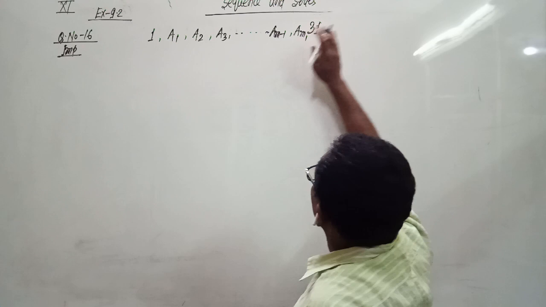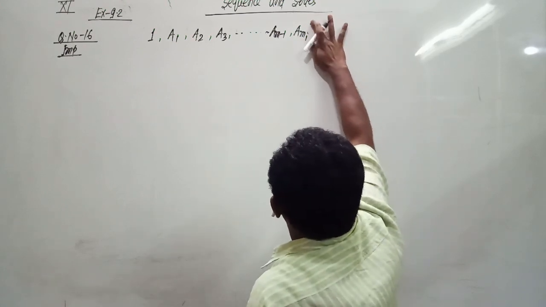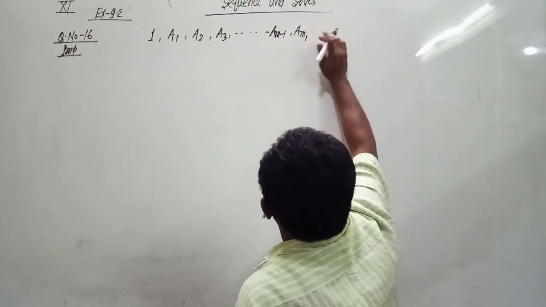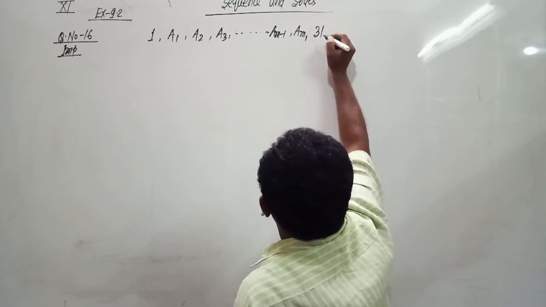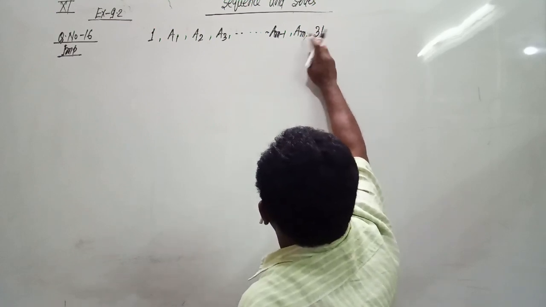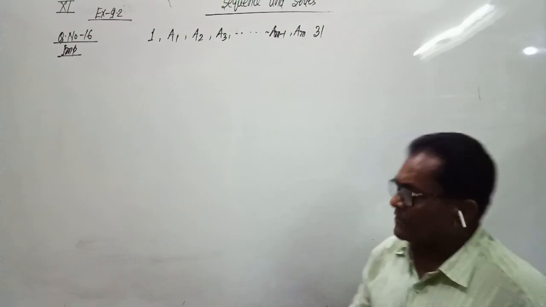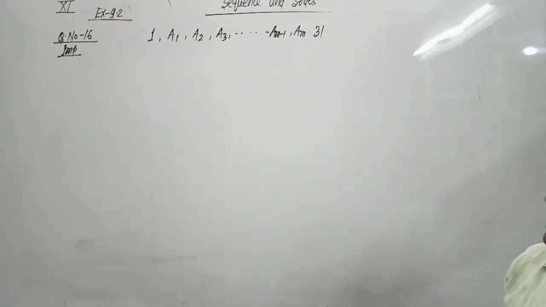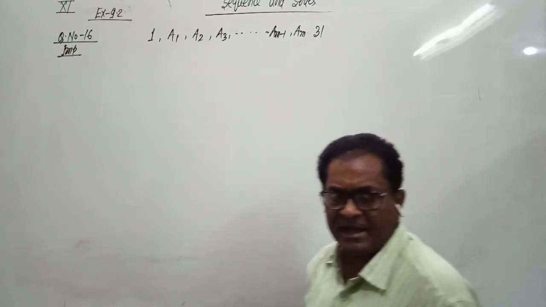So between 1 and 31, m numbers have been inserted: A1, A2, A3, A(m-1) and Am.